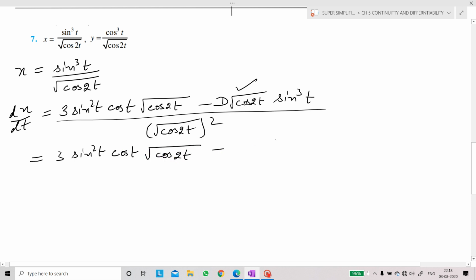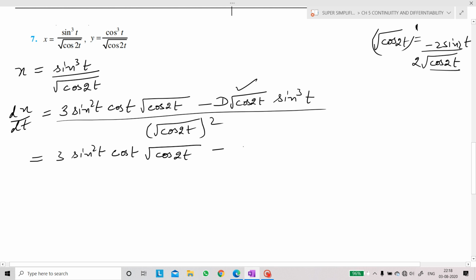What is the derivative of root cos 2t? Its derivative will be 1 upon 2 times root cos 2t, and in the numerator you will write the derivative of cos 2t, which is minus 2 sine 2t. So we have used the chain rule for square root function.